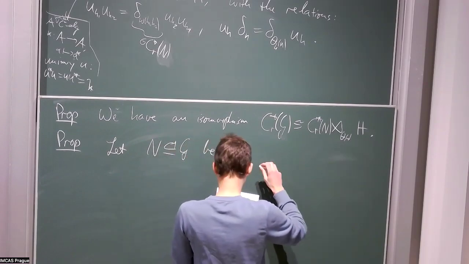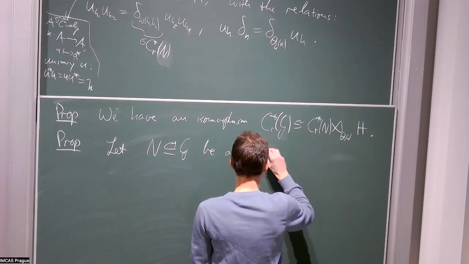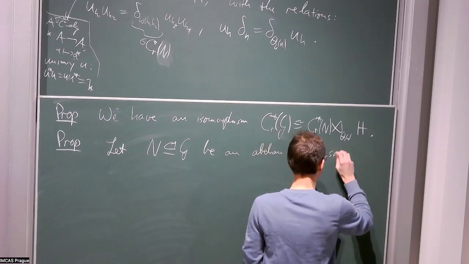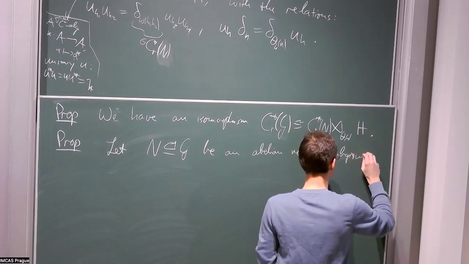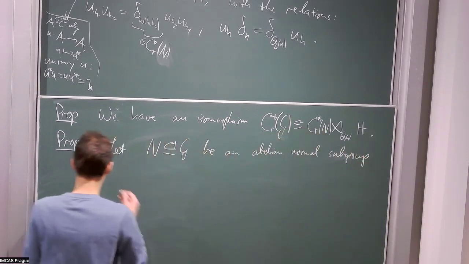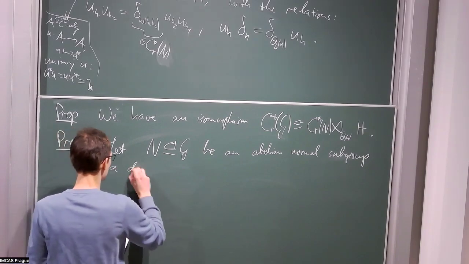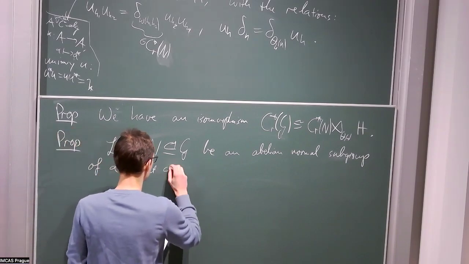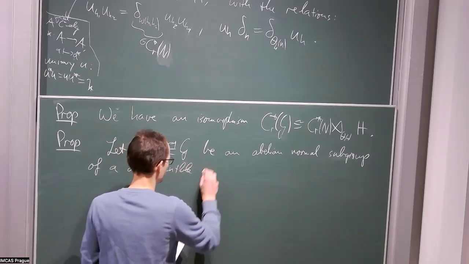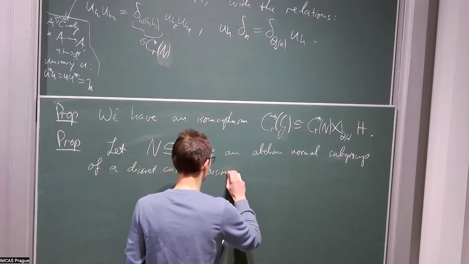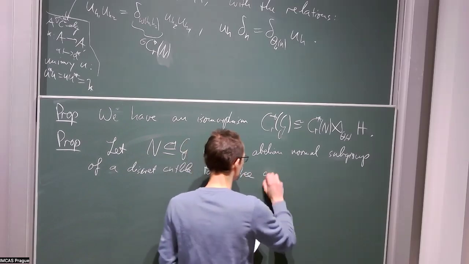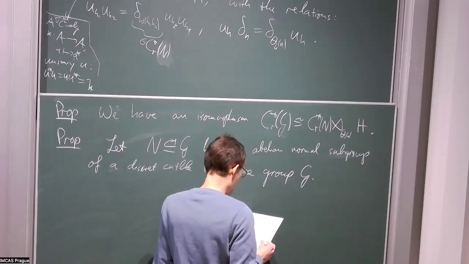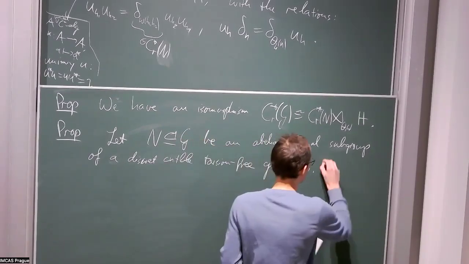If you just take an abelian normal subgroup N of a discrete, countable, I guess torsion-free group G, then the following are equivalent.